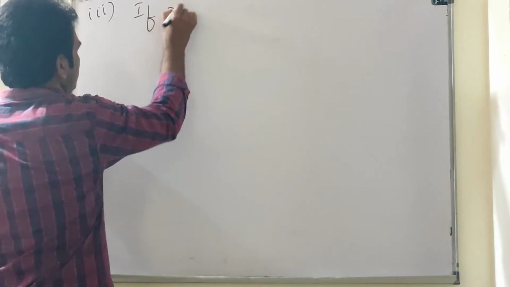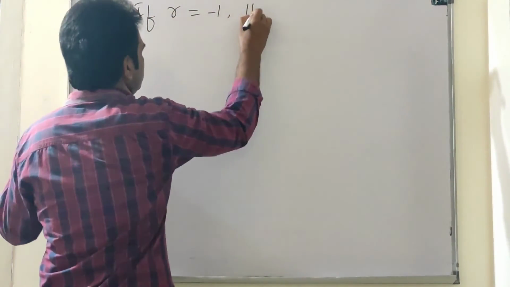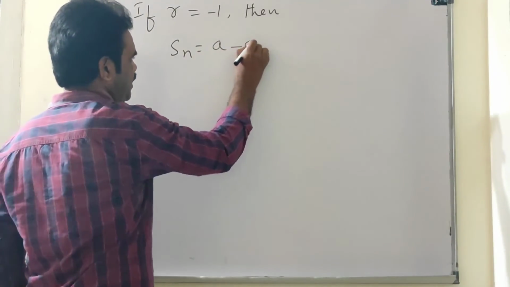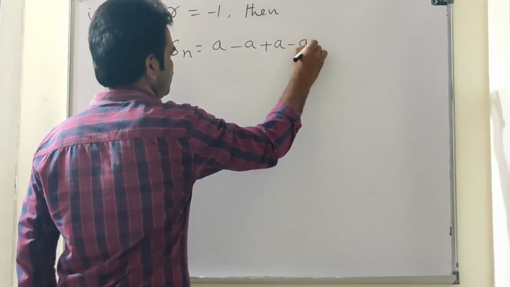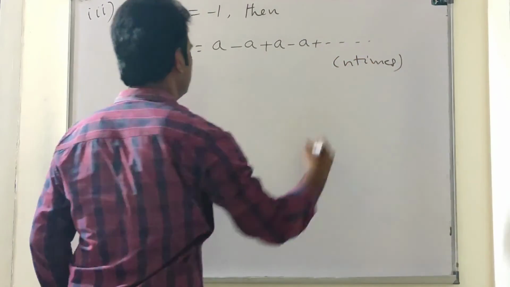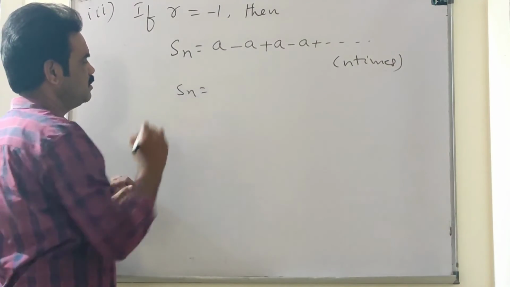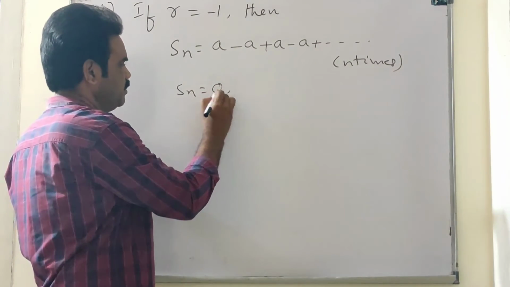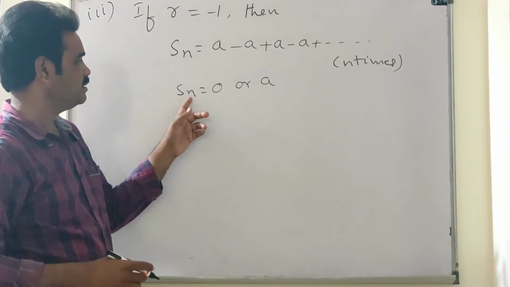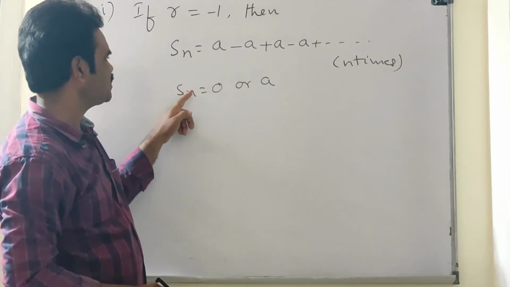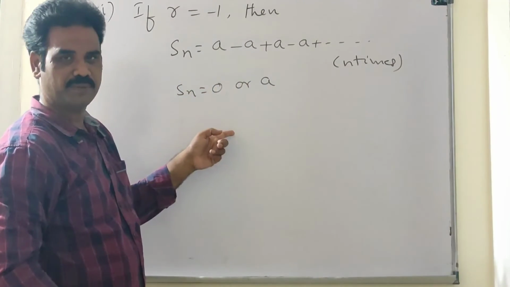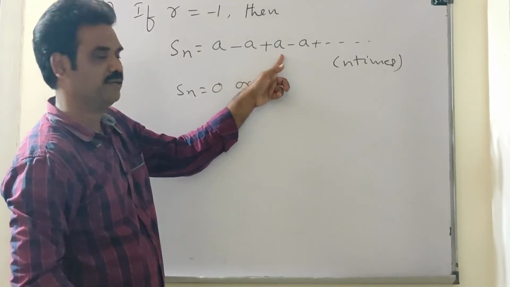Next one. If r equal to minus 1, then Sn is equal to a minus a plus a minus a and so on, n times. Hence Sn becomes 0 or a. Suppose S1 is a, S2 is a minus a, 0, S3 is a minus a plus a, that is a.